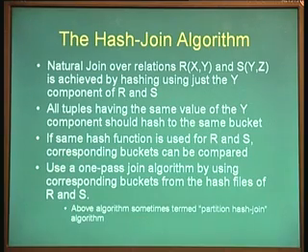So if the same hash function is used for R and S, we just take the corresponding buckets, that is, just take bucket number 0 of R's hash file, and for all the tuples that you find, if they can be joined with any tuple, then that tuple has to necessarily exist in bucket number 0 of S's hash file, and so on. So given this property, it is enough for us to examine just the corresponding buckets in order to perform the join operation.